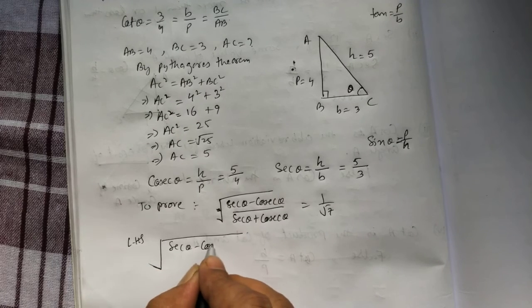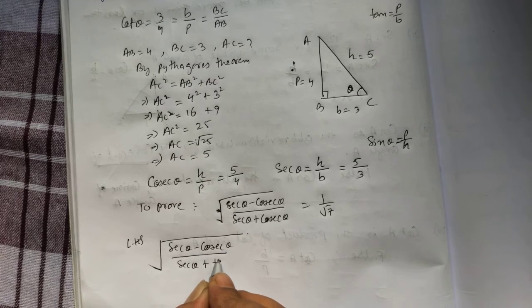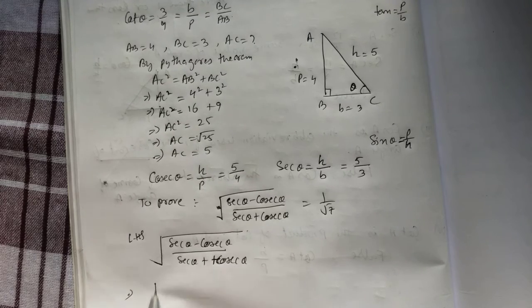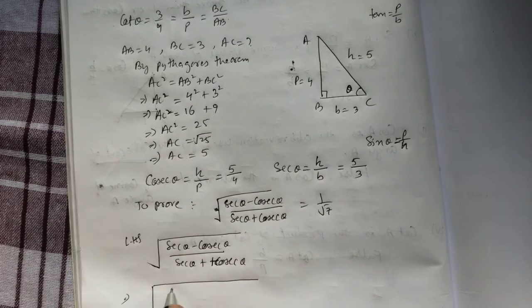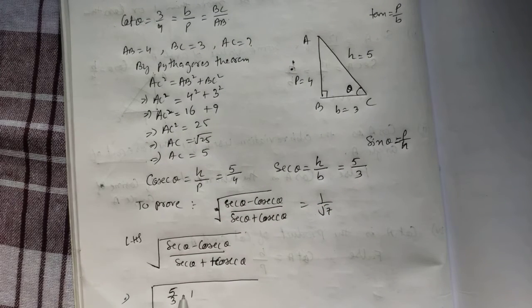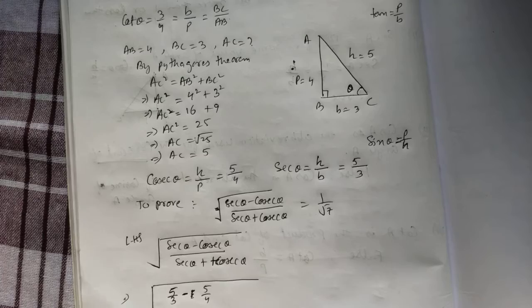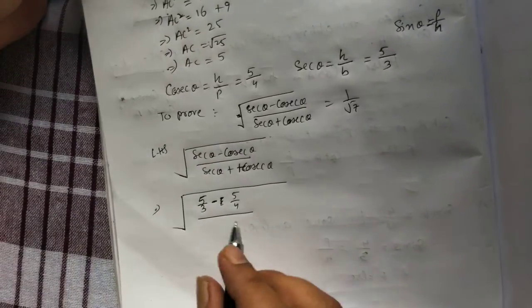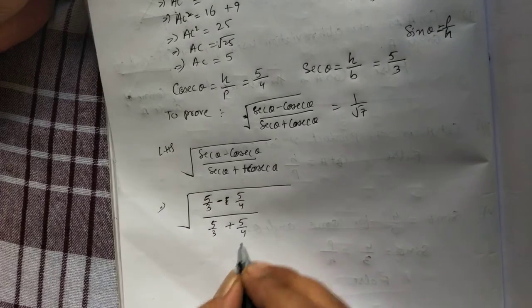Sec theta minus cosec theta by sec theta plus cosec theta. Put the value. Sec is 5 by 3 minus cosec is 5 by 4, divided by, you can write sec is 5 by 3 plus 5 by 4.